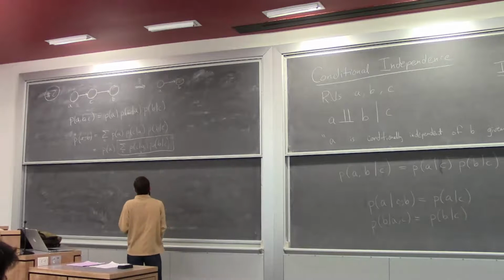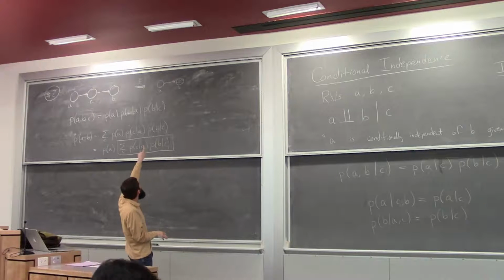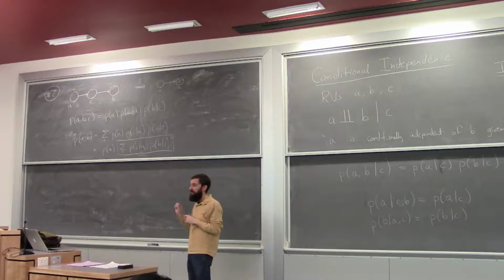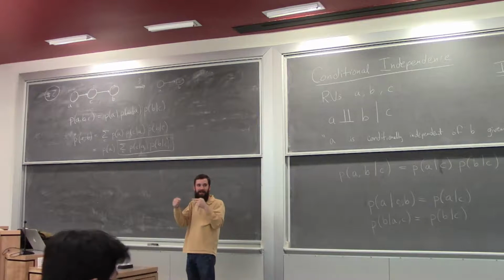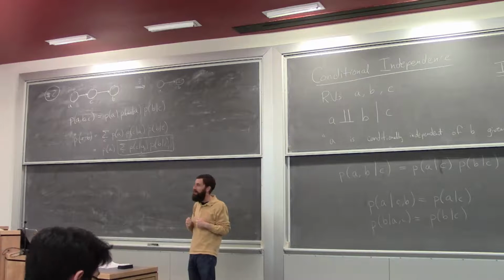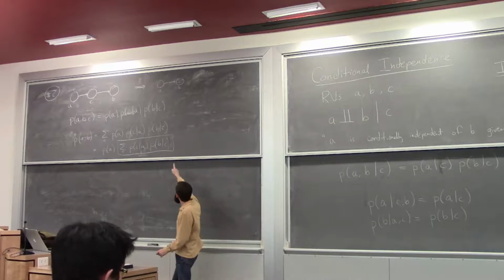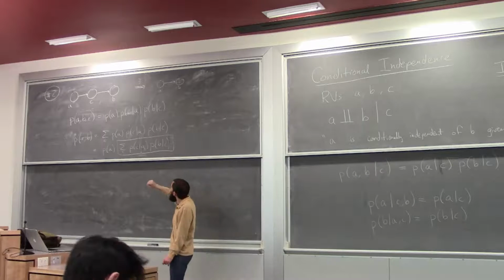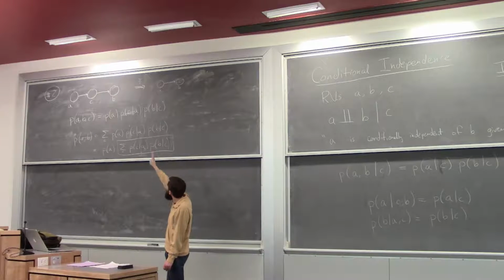So what we did last time, to show that you can delete the chain link C and basically connect the chain directly from A to B, is that we did sneak in an A here, which was really showing conditional independence.